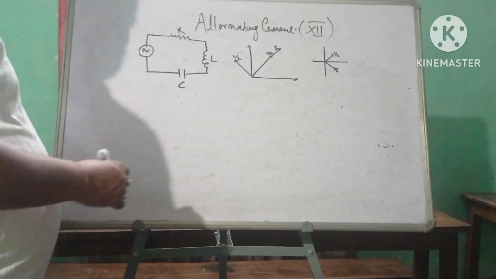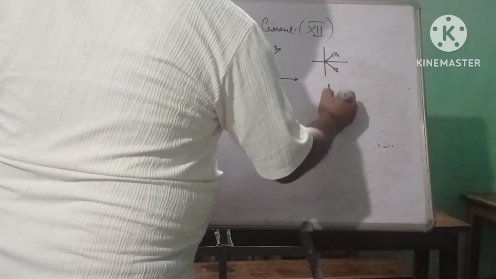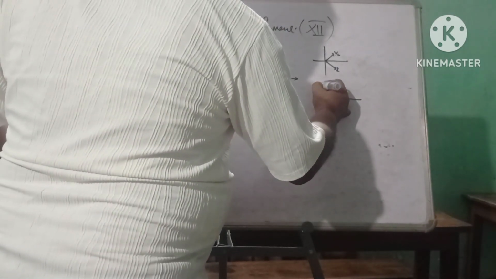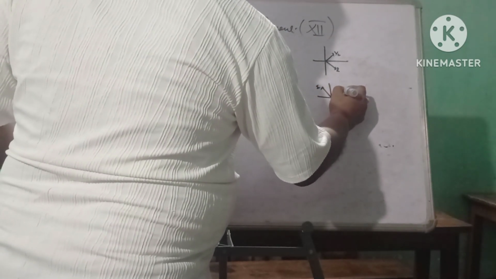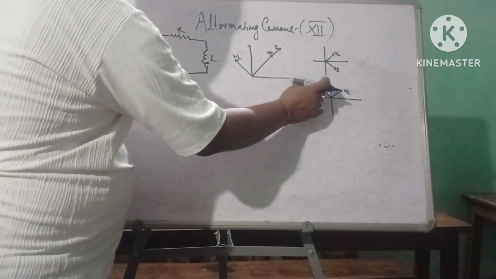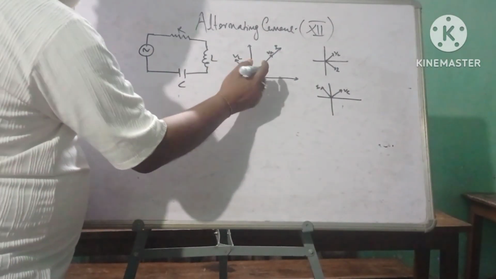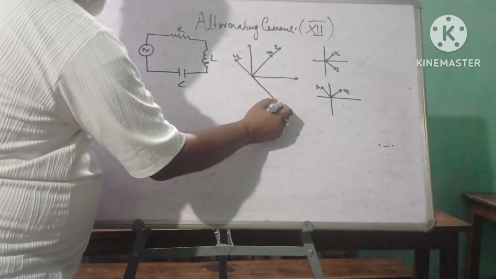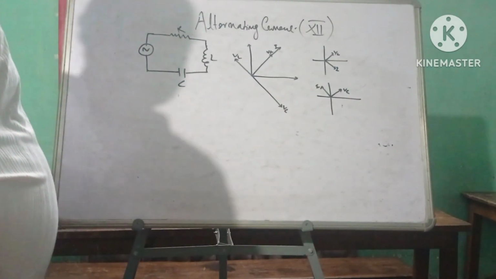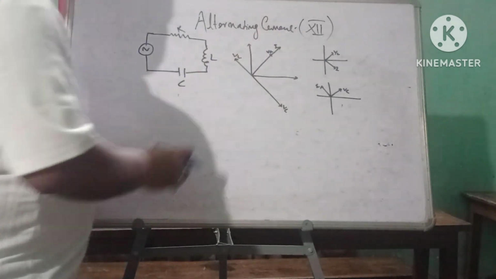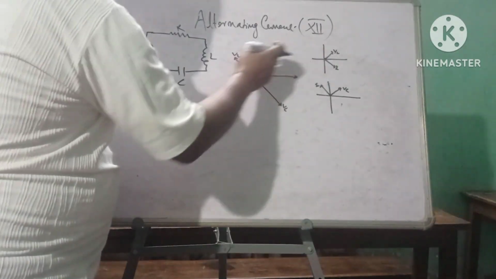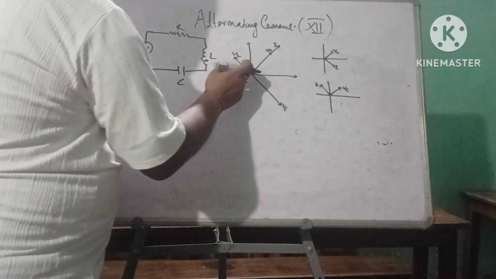Now again, for the phasor diagram for capacitance, you have found that this is I and this is your VC. Now, if you rotate this and make I parallel to this, then your VC will be this. So we have taken this resistance as your base, and then made this I parallel to this.